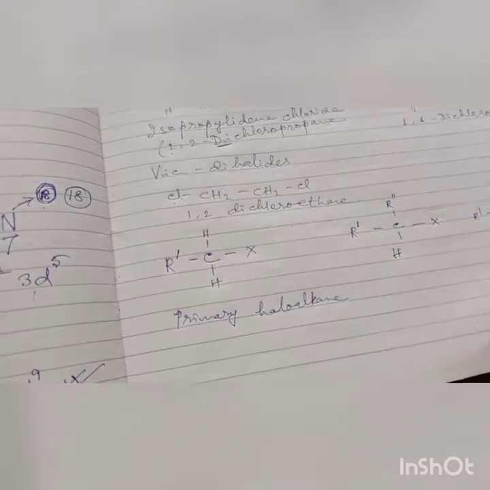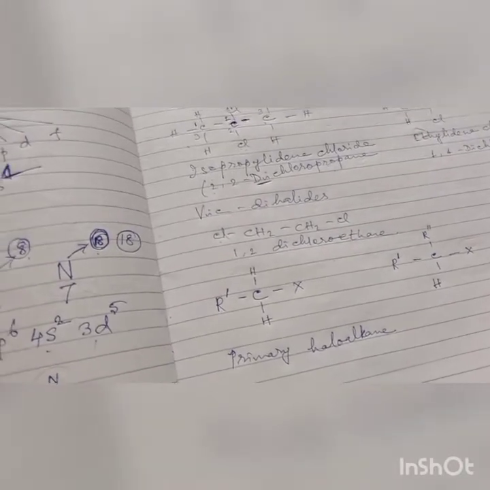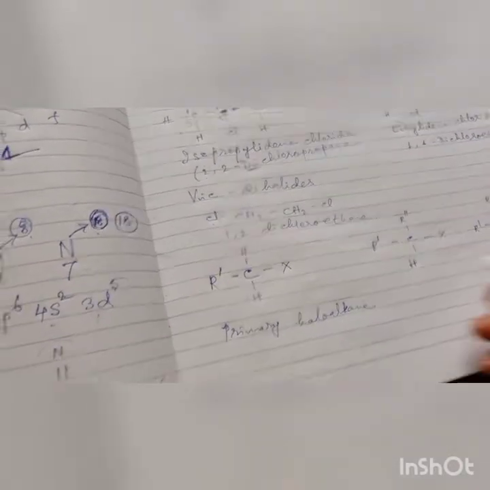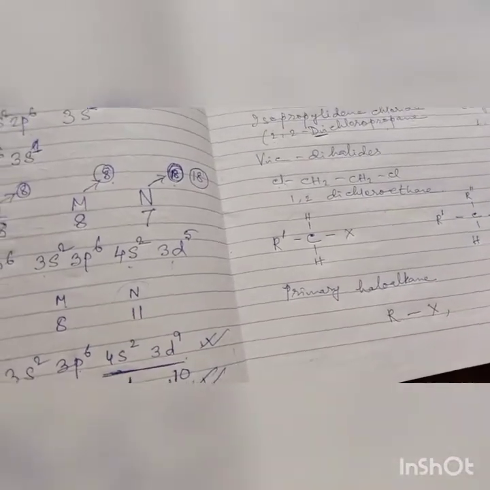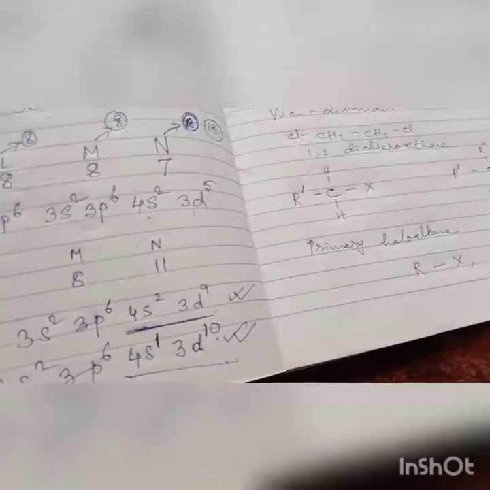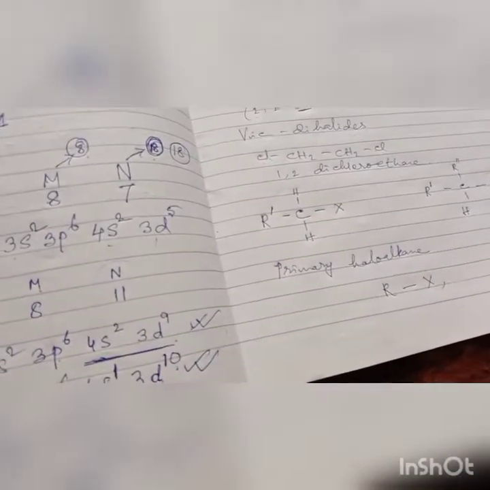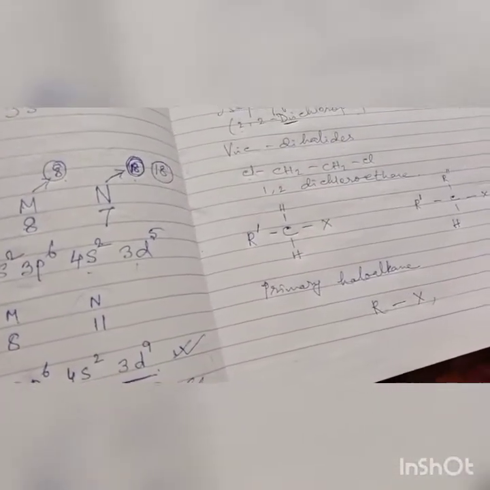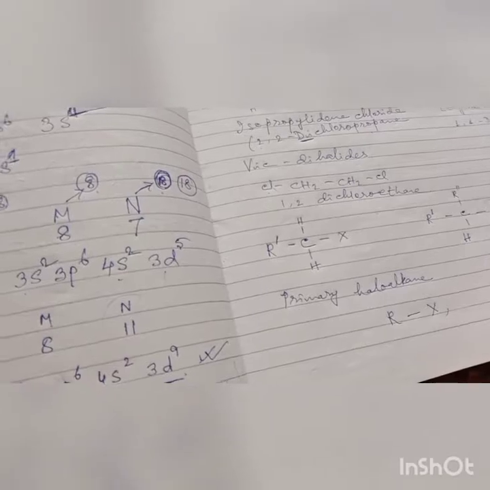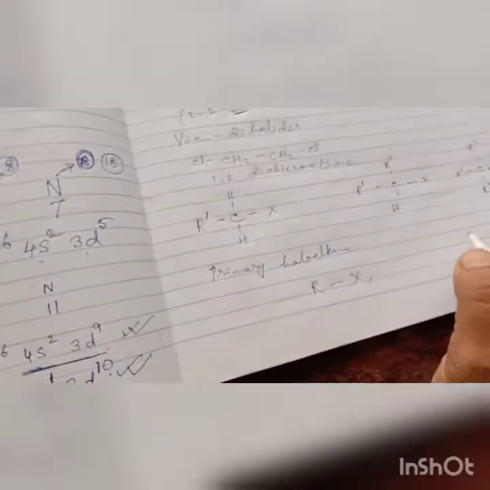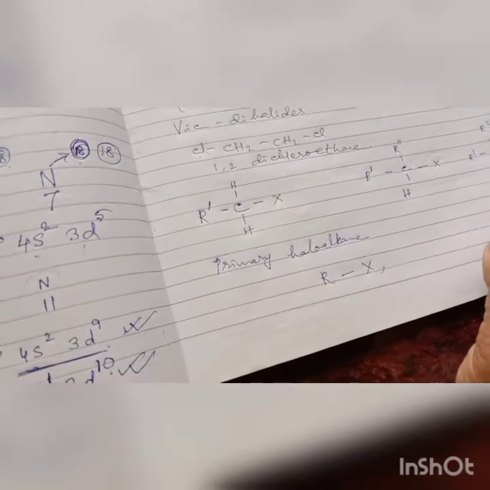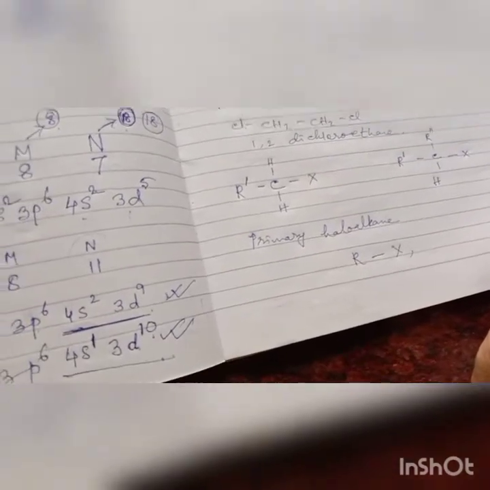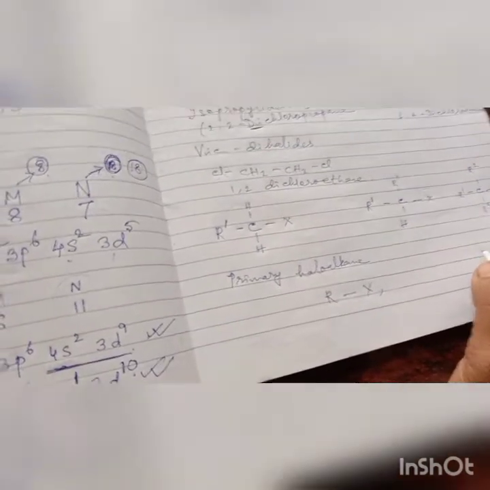This is tertiary haloalkane. If RX is alicyclic, that is cyclic aliphatic hydrocarbons such as cyclopropane, cyclobutane, cyclopentane, etc., they are known as halocycloalkanes.